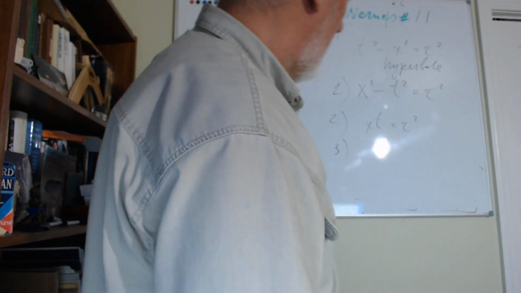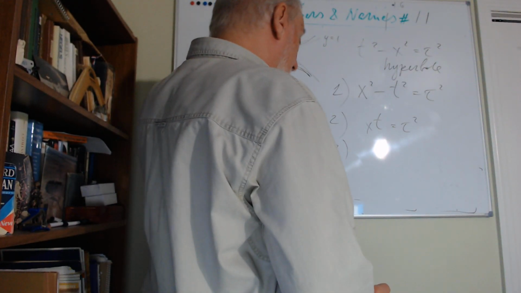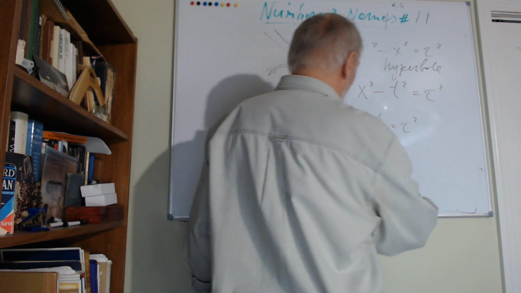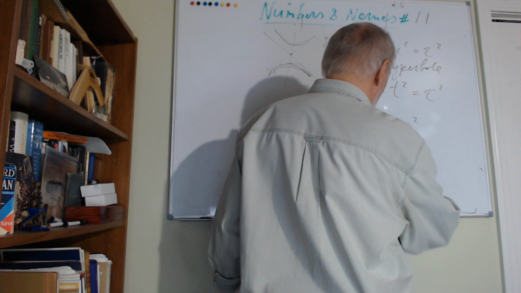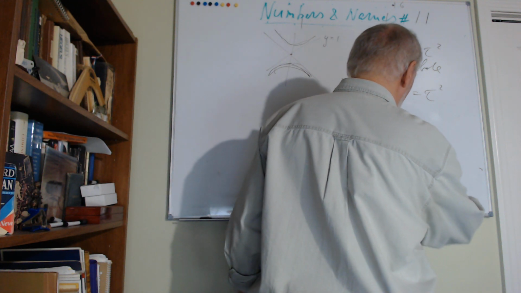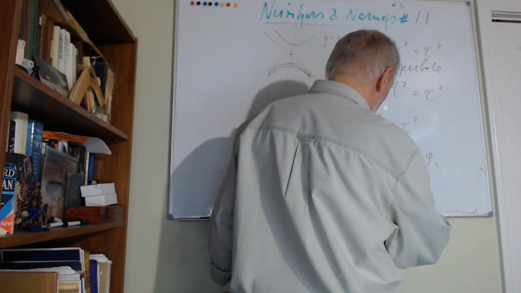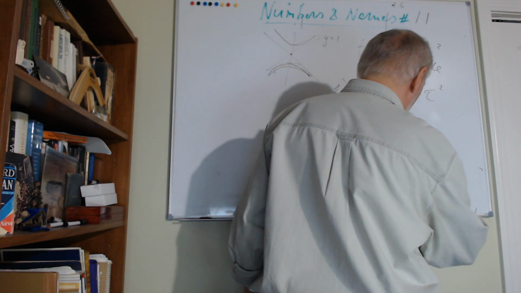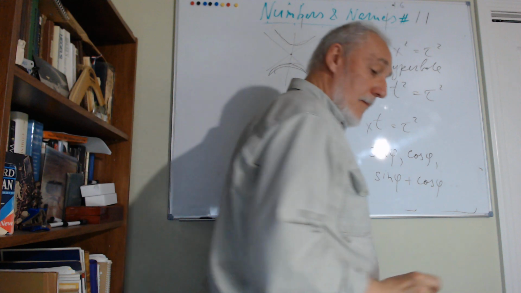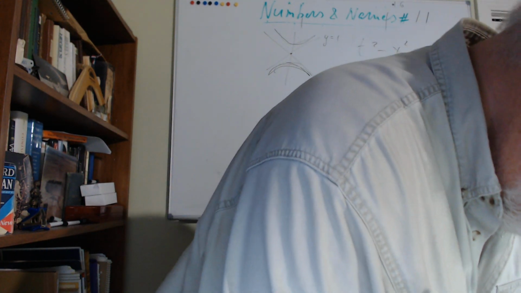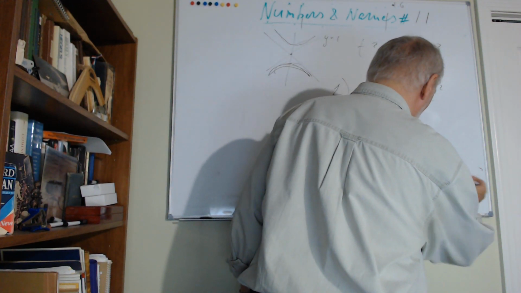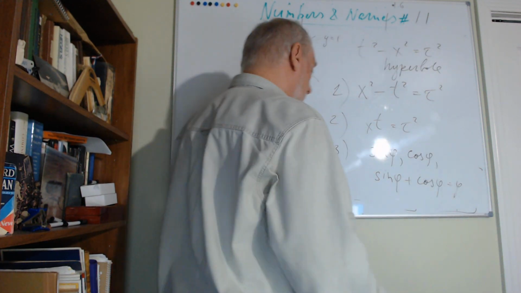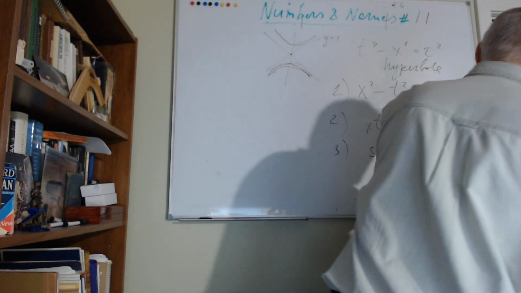And the third, Antosha, you may explain, and you may work together with the kids. How to plot this: sine phi, cosine phi, and sine phi plus cosine phi. The plots for this, it's equal to y, for example.